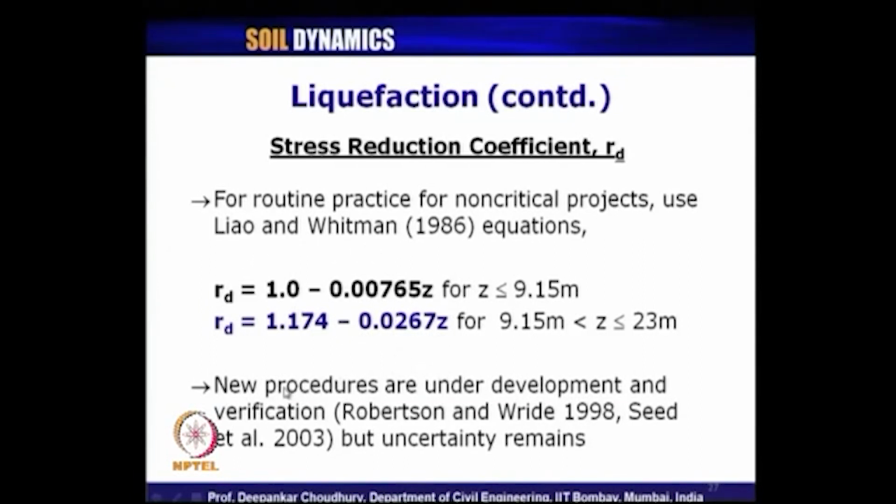Now, after that new procedures were under development, how to give the r_d values and also under verification to consider the uncertainty parameters. So, you will find further developments by Robertson and Wride in 1998 and then Seed et al. 2003, they also proposed some expressions for r_d.